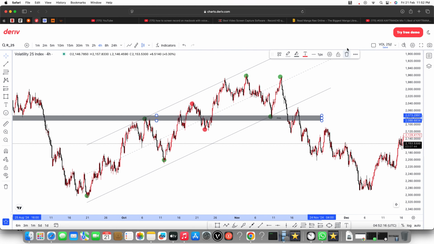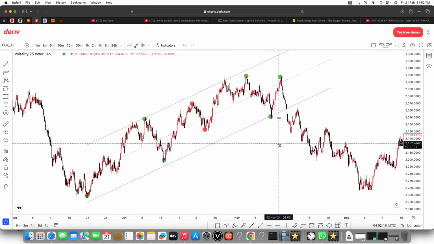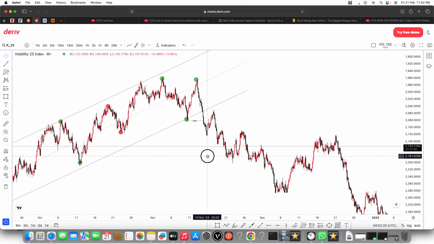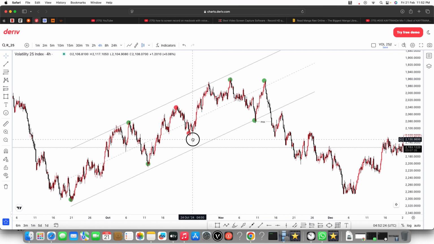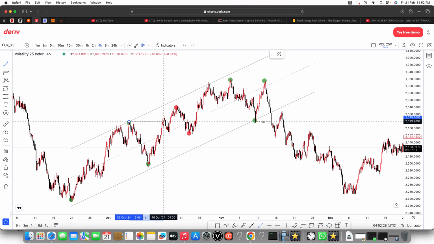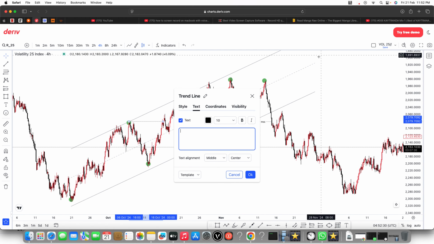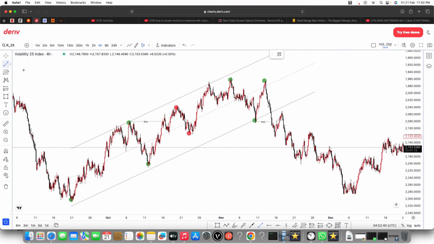Okay, let's remove this. Now, looking at this, let's break it down for a bit. Let's take a closer look and see. We know that in an uptrend or downtrend, according to its sequence, an uptrend or a downtrend has to have a break of structure.